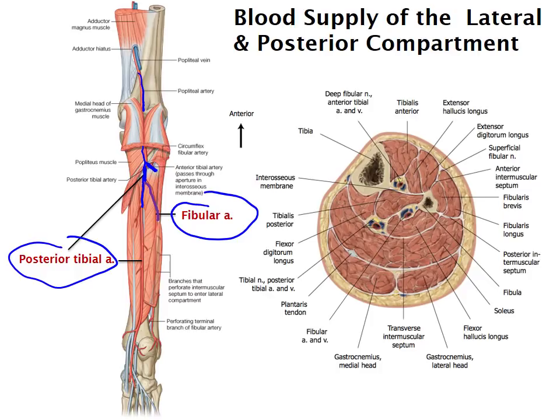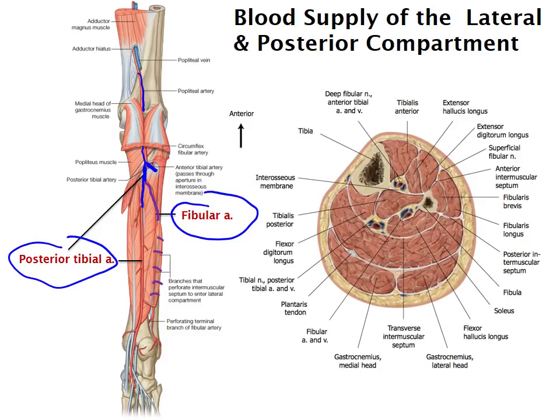Even though we have a fibular artery, it doesn't actually course in the lateral compartment of the leg. It courses in the posterior compartment near the fibula and near the lateral compartment. But again, it courses through the posterior compartment and sends perforating branches into the lateral compartment through the intermuscular septum to supply the fibularis longus and brevis muscles in that compartment.